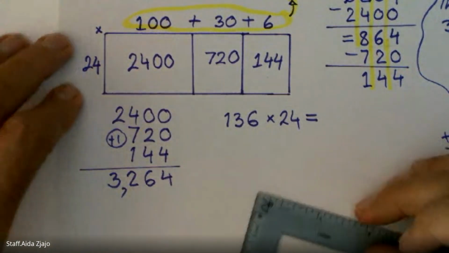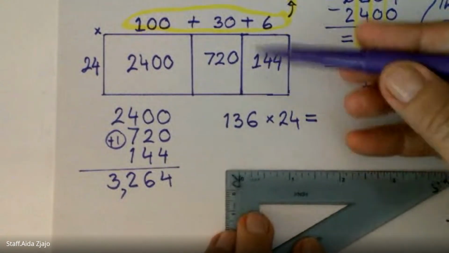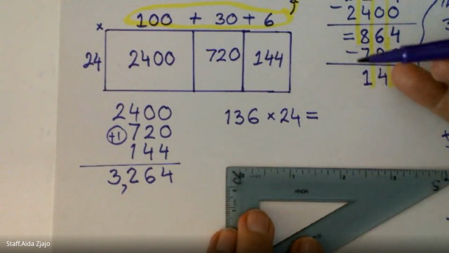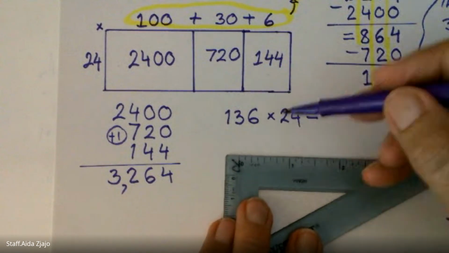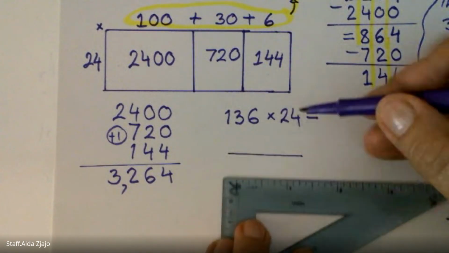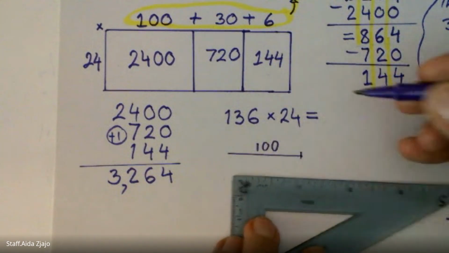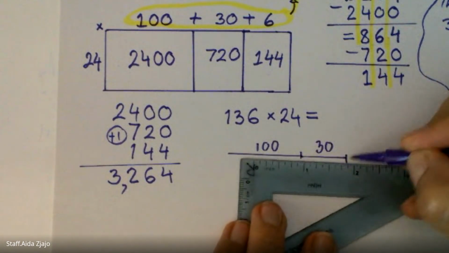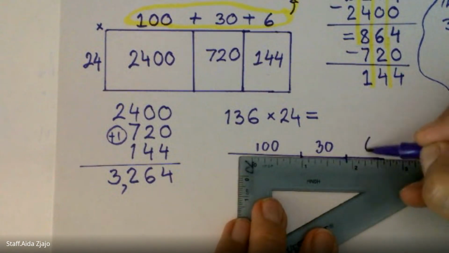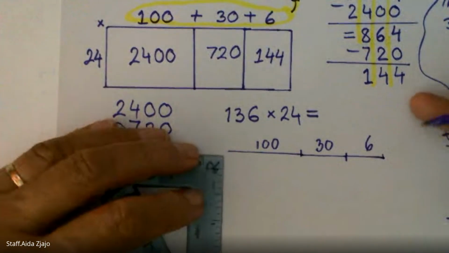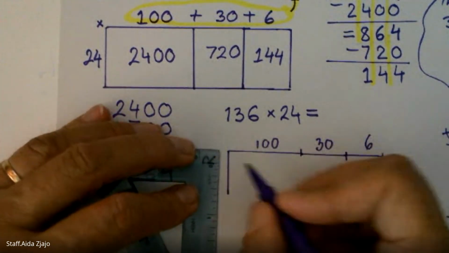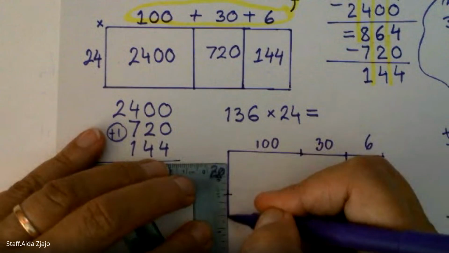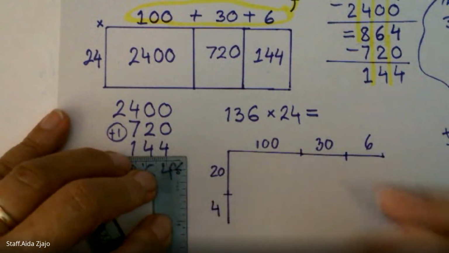If I check with the area model, I want to show you how that looks similar. Like if I need to do 136 times 24, I could do 100 and then 30 and 6, and I'm going to do 20 and 4. I'm just going to break down 24.